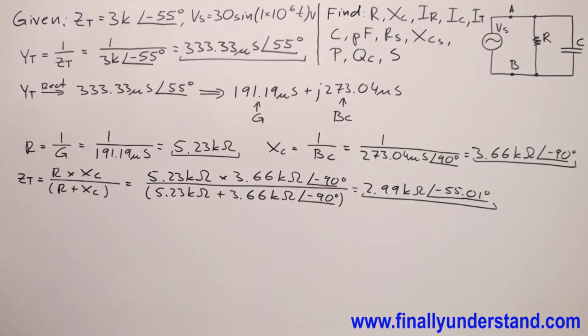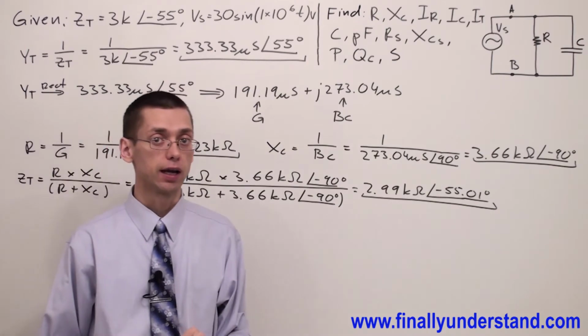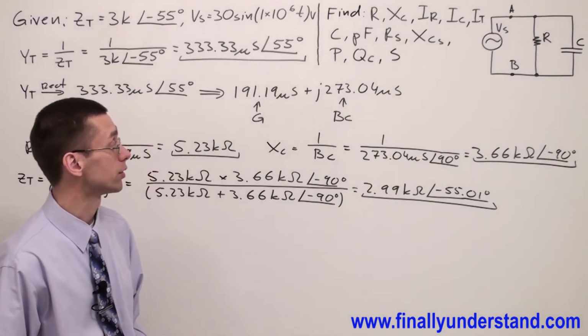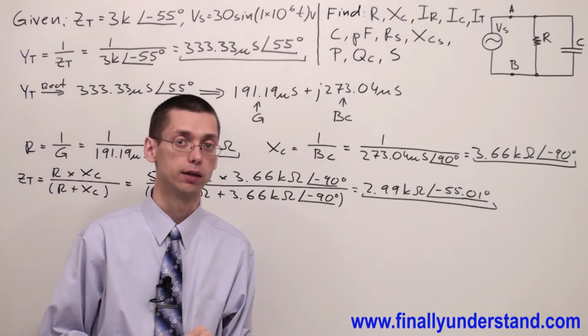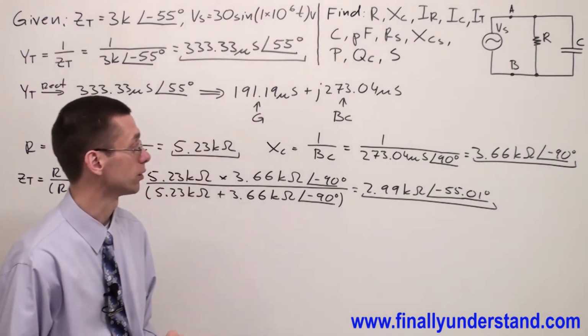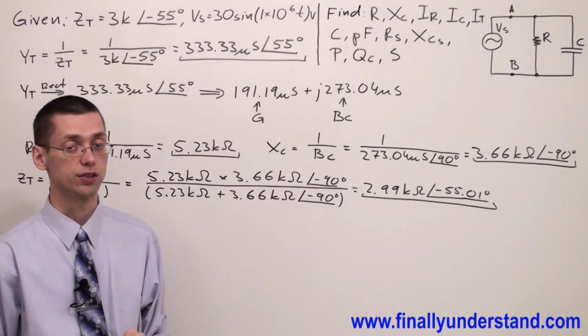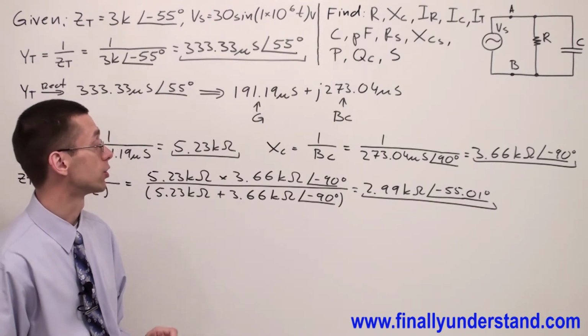So next we're supposed to find the current which goes through the resistor. Before we talk about the current, you're supposed to realize that in a series circuit the current is always the same, right? But if it comes to the parallel circuit, the voltage is the same across each component.